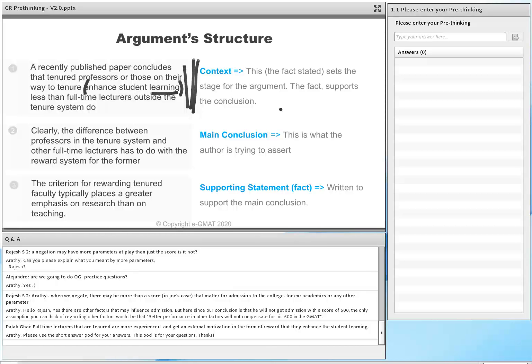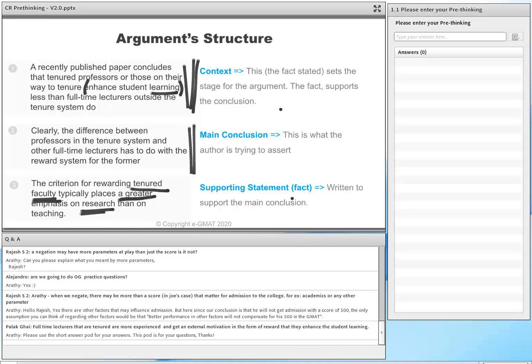And this is the key part over here. Then the author says that the reason why this happens is because of the reward system for the professors. The author provides more information on that reward system, where he says that the criteria for rewarding tenured faculty places a greater emphasis on research. So the reward system plays a 70% emphasis on research.